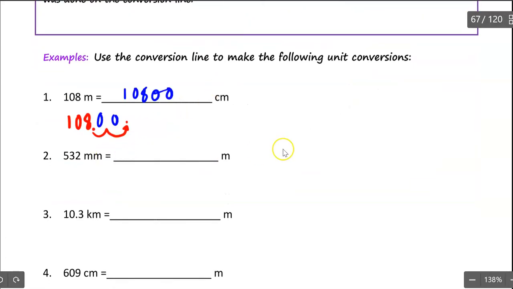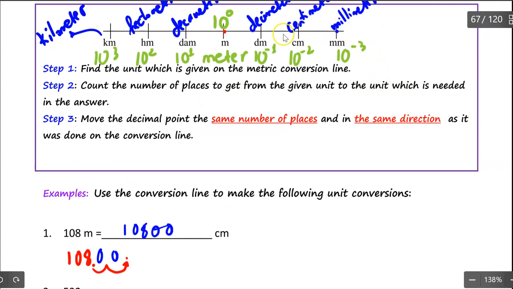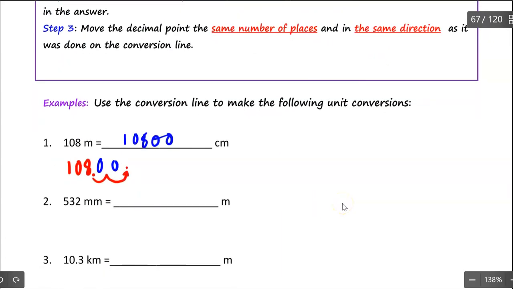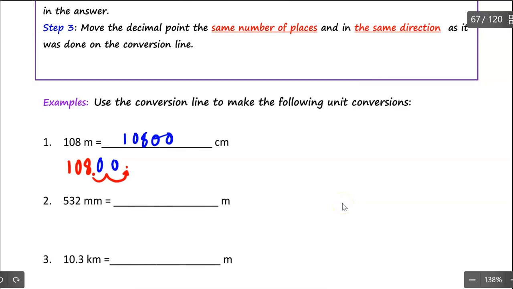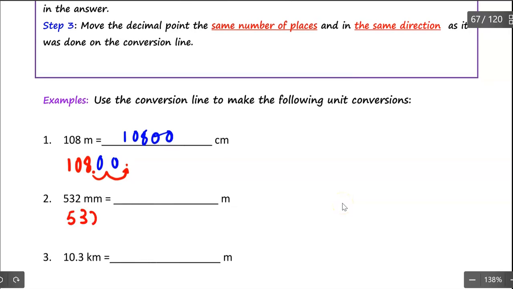Okay, so millimeter, you go 1, 2, 3 to meet the meter. So if I locate the decimal point, I will have 532 decimal. So now I'm going to move to the left to meet my meter. So when I move that, I will go 1, 2, 3. So now my decimal point will be right there.